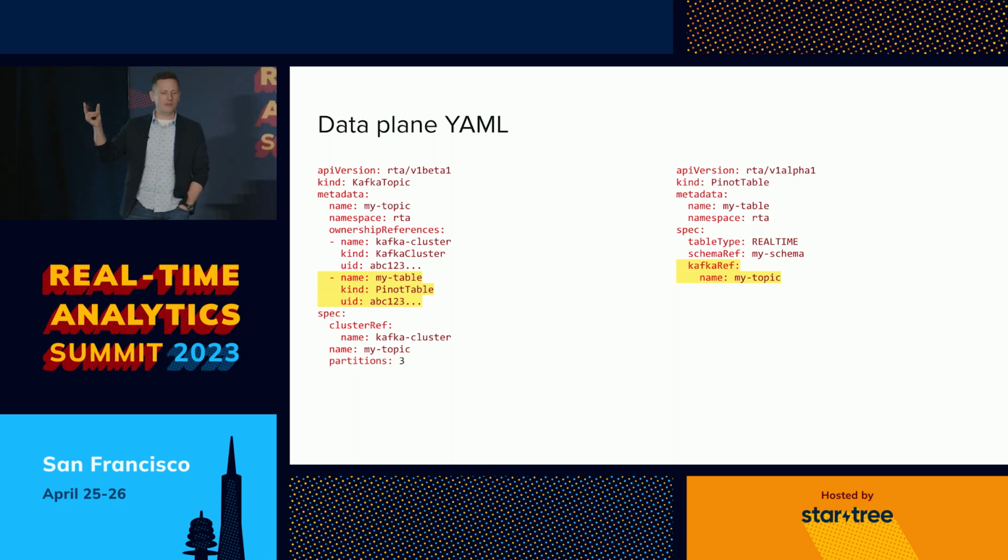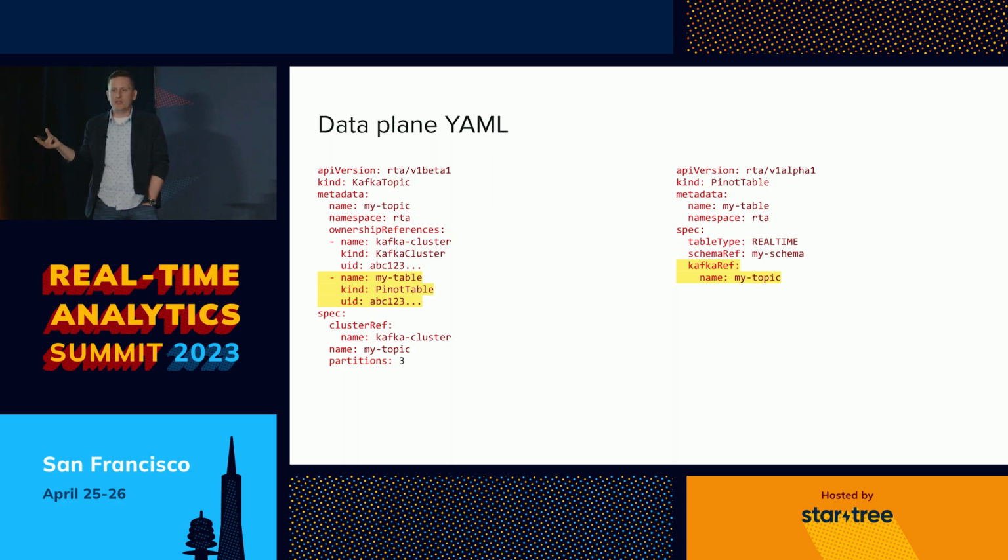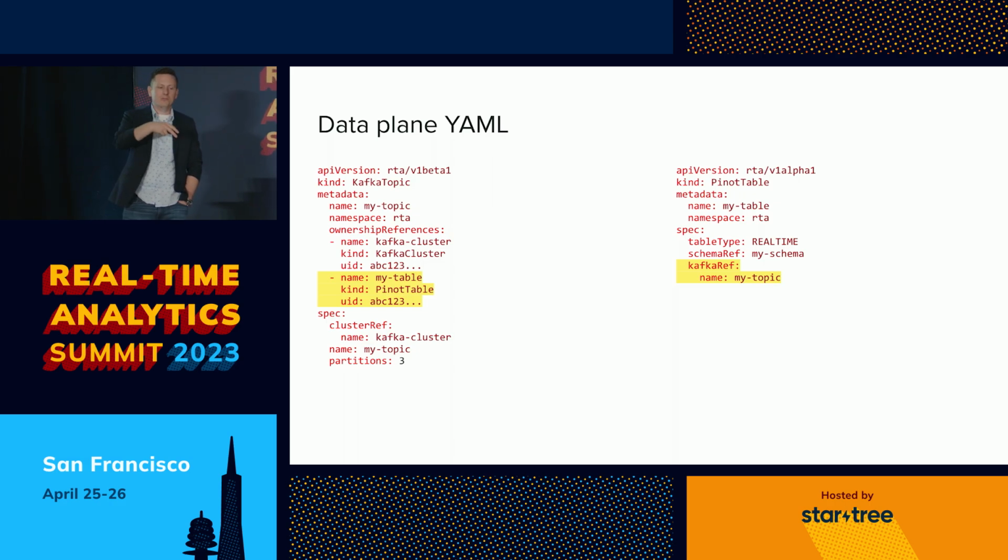Likewise, if you have a Pinot table that references a Kafka topic, then that Pinot table operator doesn't need to know how to talk to Kafka, because it can query Kubernetes for the Kafka topic, find the Kafka cluster, and get the bootstrap servers that way. So instead of copying and pasting all this configuration everywhere, you can just have references to these YAML resources in Kubernetes that define things once.